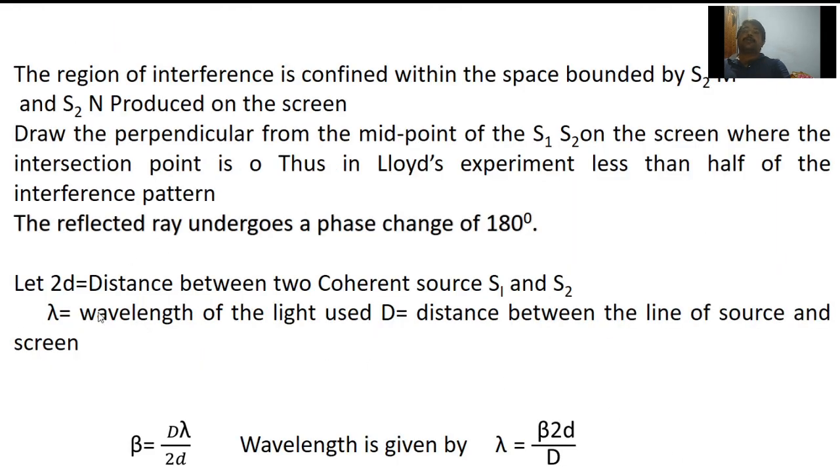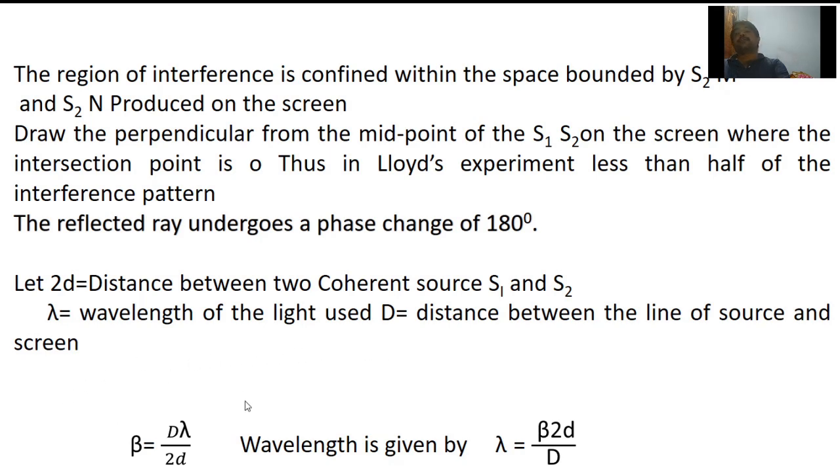Let 2d be the distance between the two coherent sources S1 and S2. Lambda is the wavelength of light used. D is the distance between the line of sources and the screen.